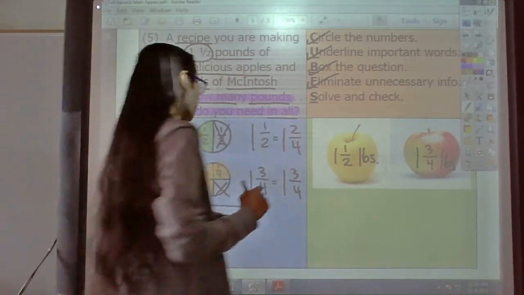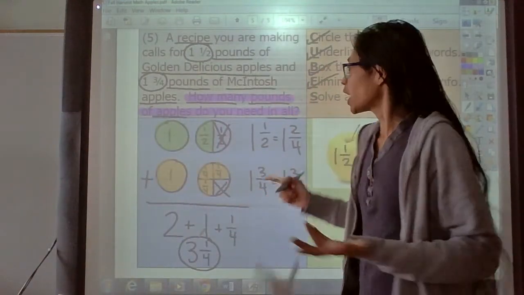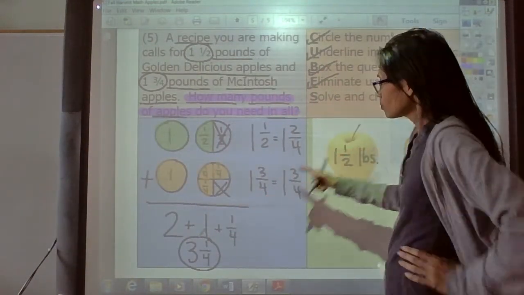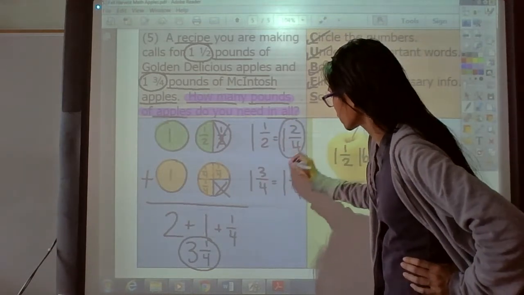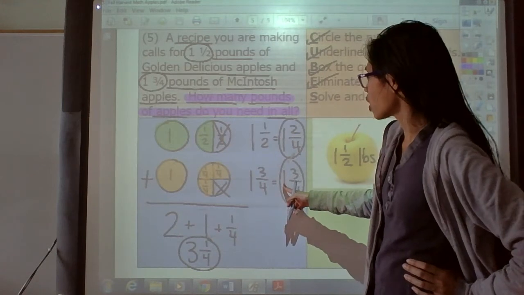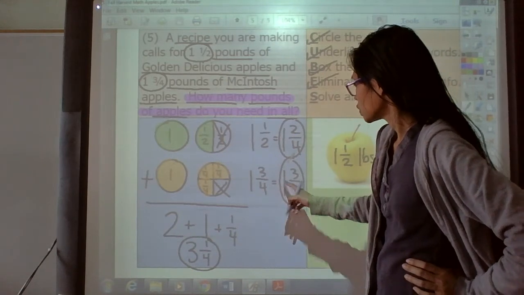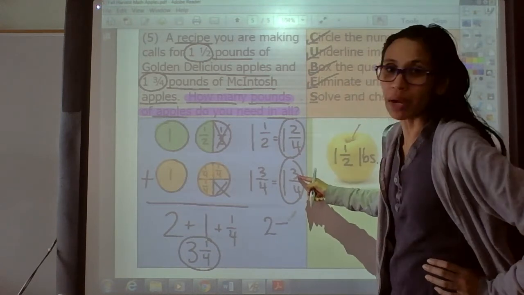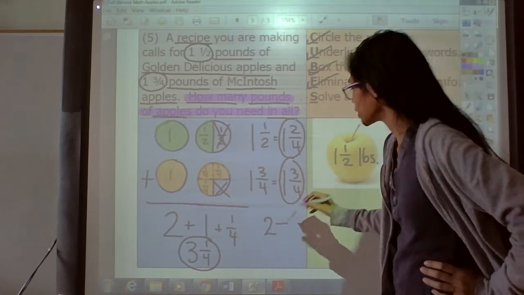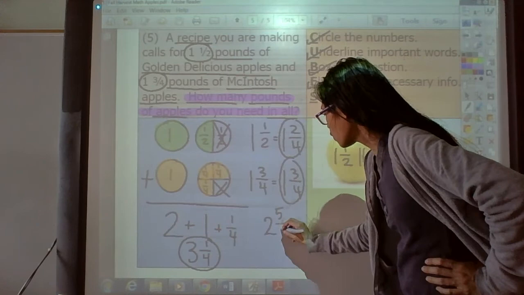Now, look right here. I'm going to show you how we can add that. Okay, so remember that became that, so we're looking at this one and that one. 1 whole and 1 whole makes 2 wholes. And then look at this. 2 plus 3, I'm going to show you a trick. 2 plus 3 is 5/4.